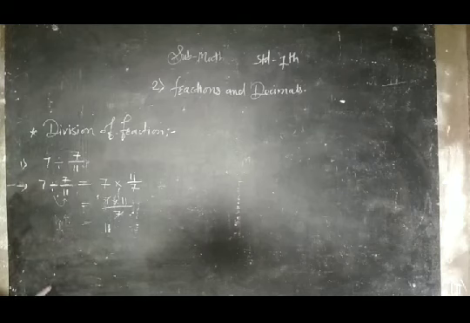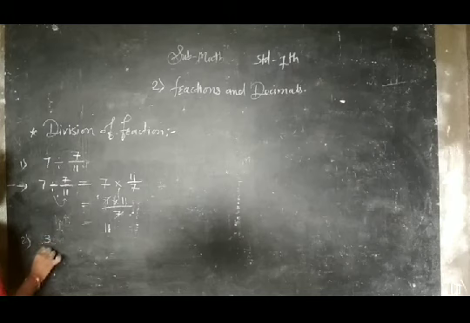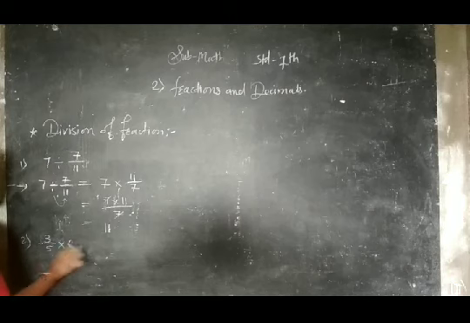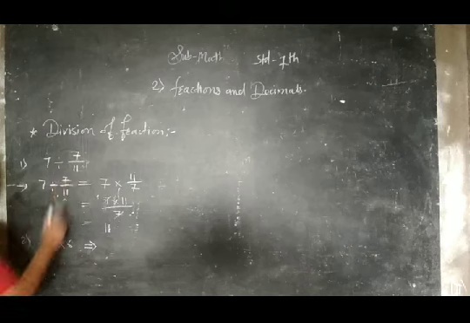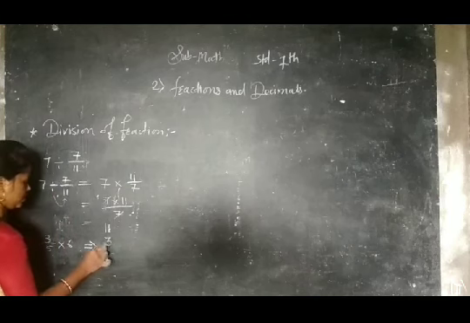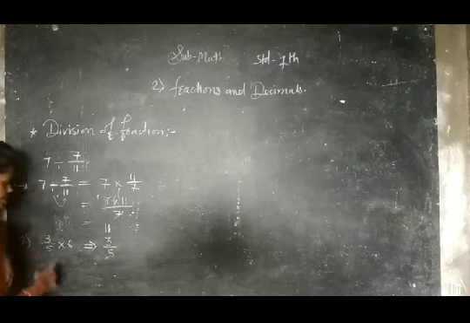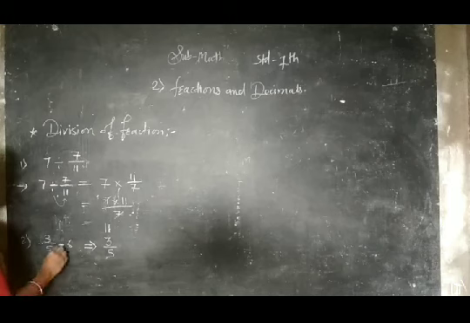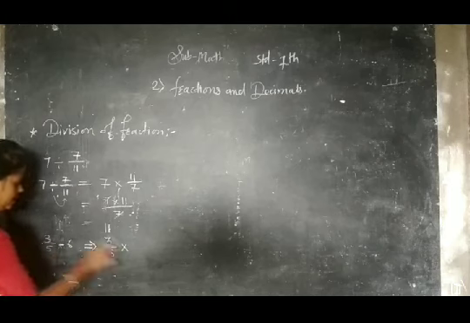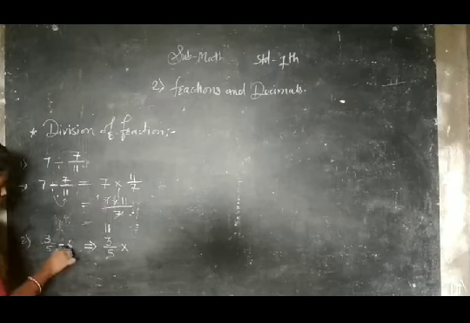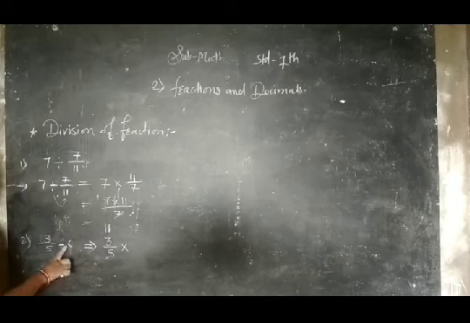Okay, now we will solve the second example: 3/5 divided by 6. Here is a different example I have taken. The first fraction, let it be as it is. The division we have to change to multiplication. There is no denominator, which means 1; always I am telling you that.